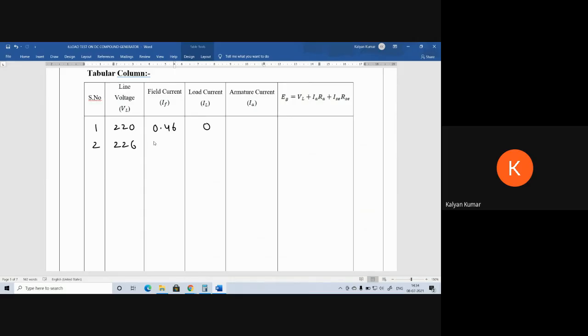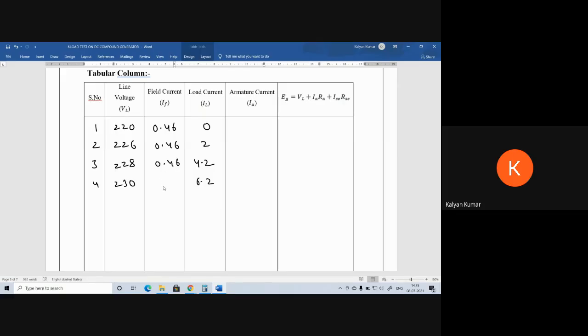One more reading: 226 volts, field current 0.46, IL 2 amps. One more reading, 4.2 amps. Voltage is 228 volts. Field current is 0.46. And one more reading at 6.2 amps, 230 volts.